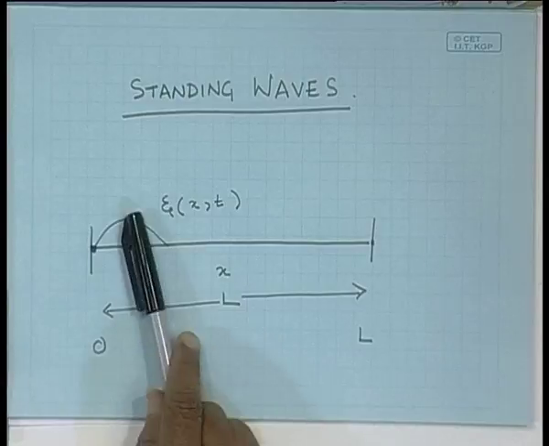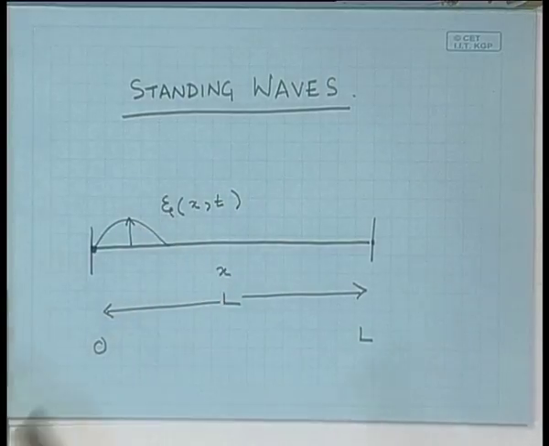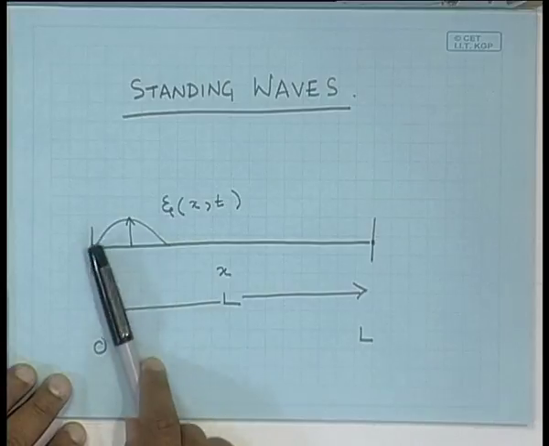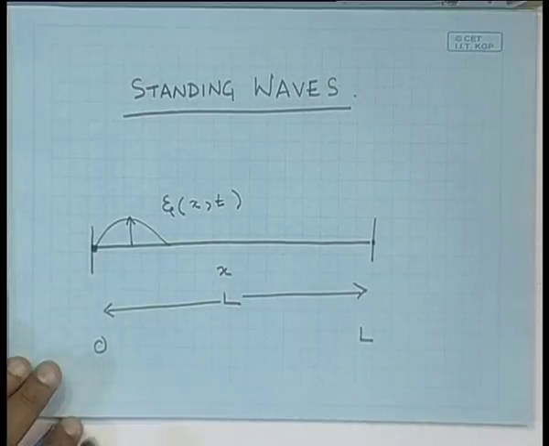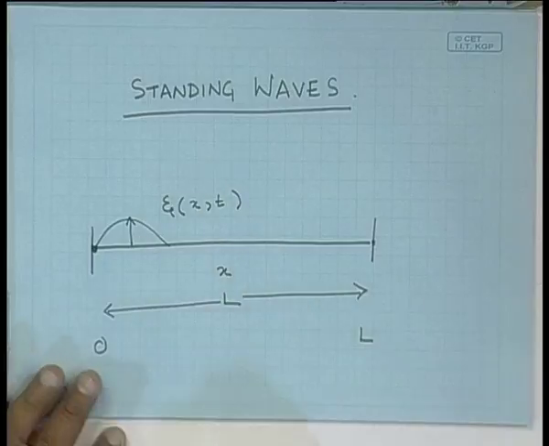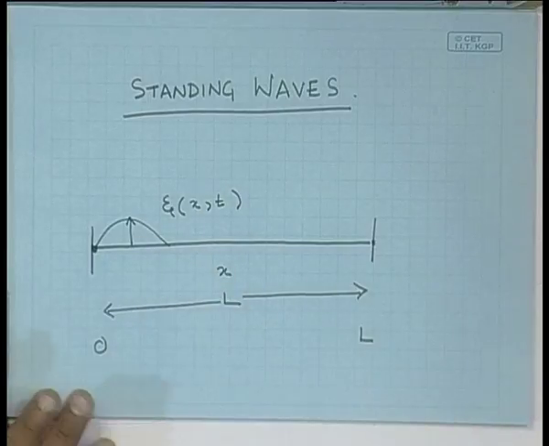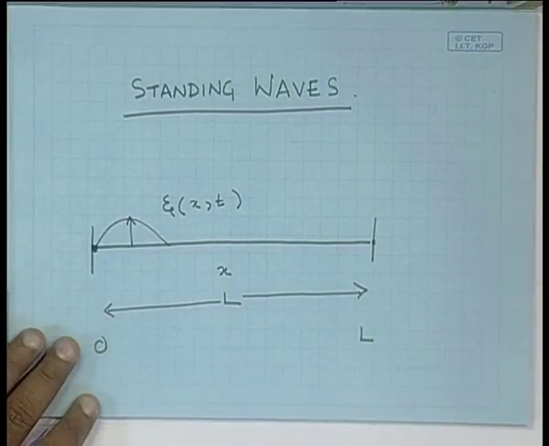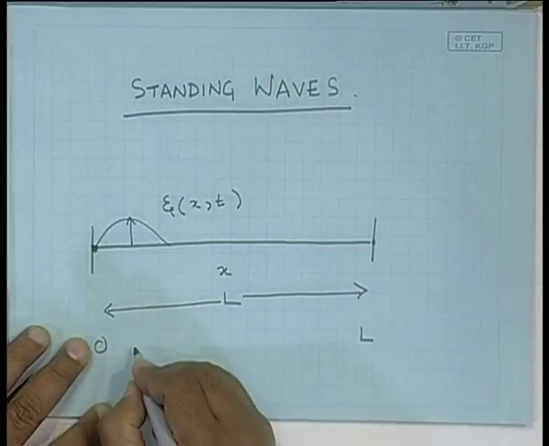These displacements are governed by the same wave equation which we have been studying all along. The equation is the same, only the speed of these transverse vibrations in this stretched string is different. It depends on the tension and mass per unit length of this string, but the equation governing it is the same, only that the phase velocity is different. So, we want to look for solutions to this equation.